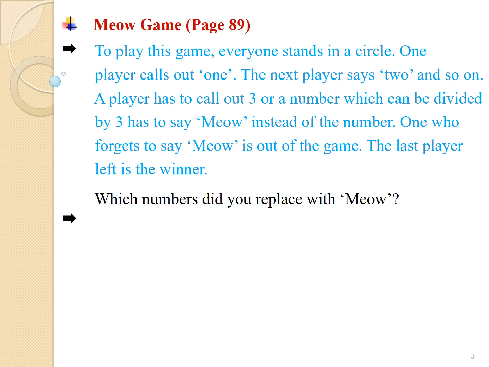Students, in order to play Meow Game, the first player has to say 1. The second player has to say 2, and so on. Students, note that a player has to say meow instead of number 3 or a number which can be divided by 3.